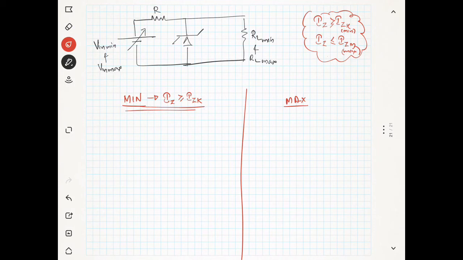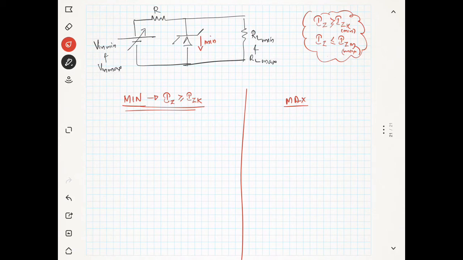Now we are talking about the minimum condition. That means we want to ensure that our Zener diode has not gone into the off state. So how to ensure this? We will talk about the minimum current through the Zener diode.